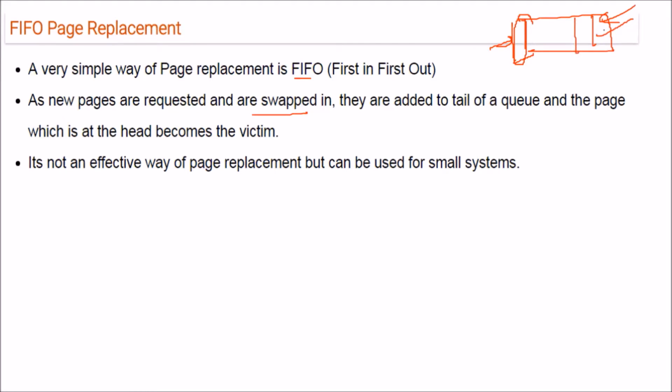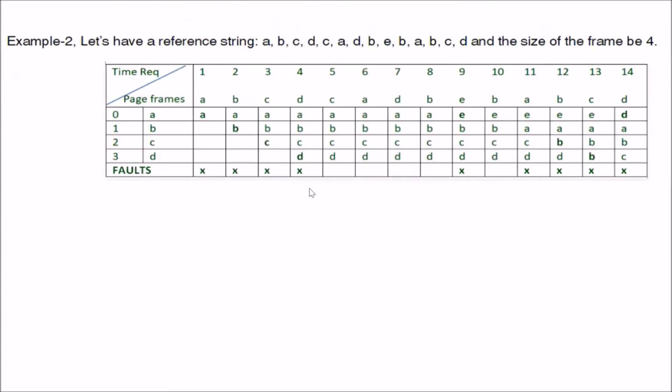Next, a new page will be placed here, and the queue shifts. The pages which came earlier are removed, and the newer ones are kept. It's not an effective way of page replacement, but for a small system it is very good. We'll start with an example so that you understand the key idea.